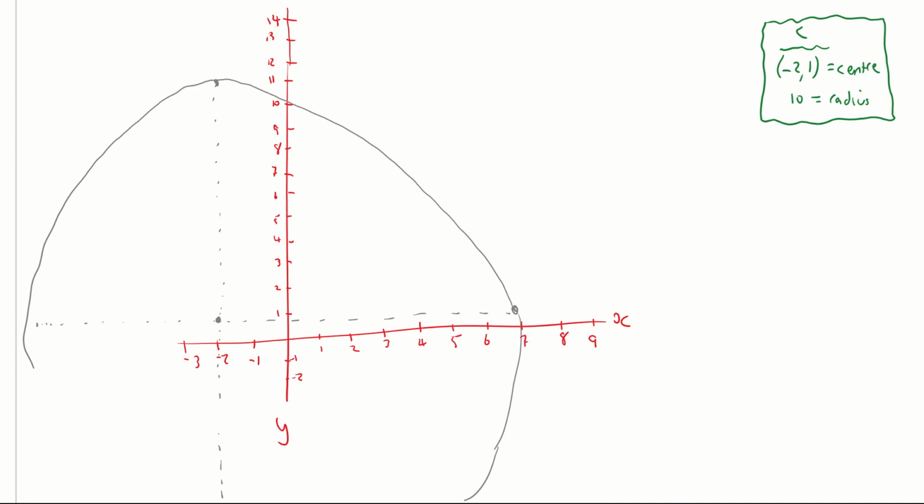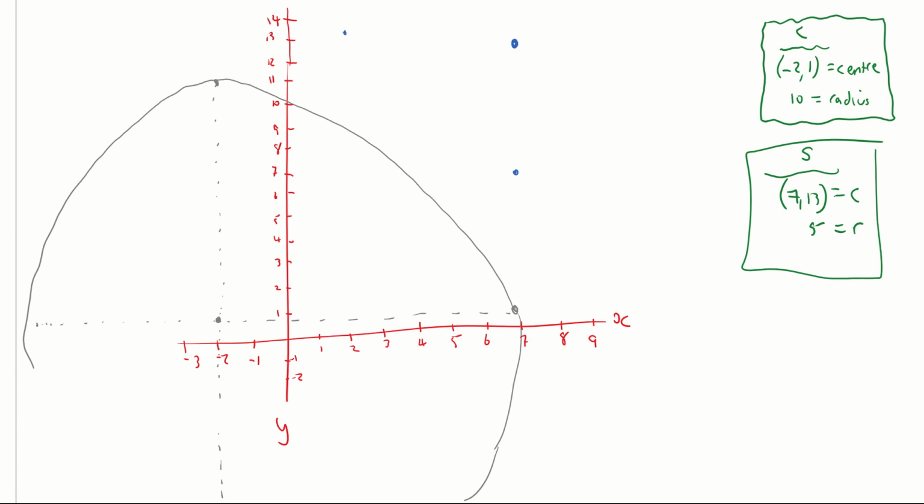My other circle is the circle S, and let's see what's happening with S. S has the center 7, 13 and a radius of 5, wasn't it? It was. Okay, so let's see where that will go on my coordinate graph. So I have my center 7, 13, which is about there, and a radius of 5, so that brings me down to about 8, which is there. 7 take away 5 brings me to 2, which is about there, and 5 to 12 is there.